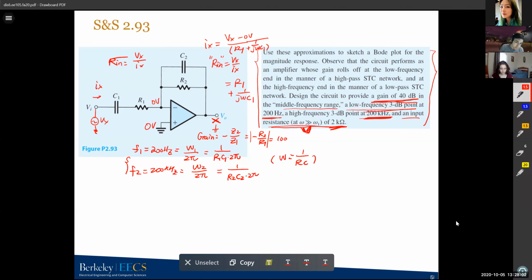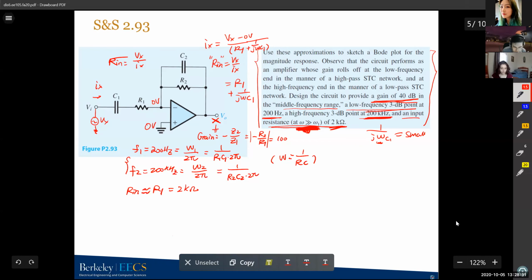However, we have a requirement. This is for when omega is much greater than omega 1. In that case, the 1 over j omega C1 term will be small because we have a large omega, so the denominator is large, and if we take the inverse, it's small. So our Rin in this frequency range will be close to R1, which equals 2k ohms.